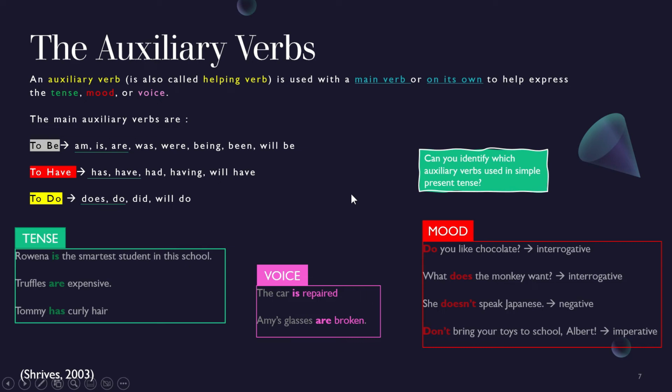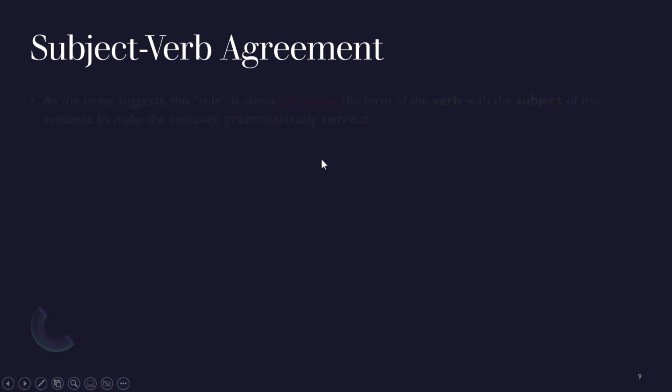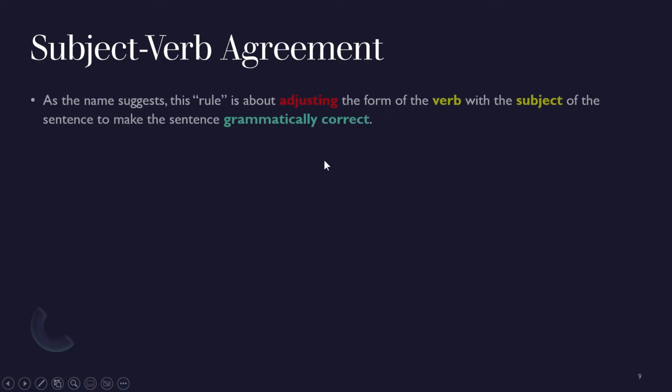It is the subject and verb agreement in simple present tense. The subject-verb agreement is kind of rule about adjusting the form of the verb with the subject of the sentence to make the sentence grammatically correct.